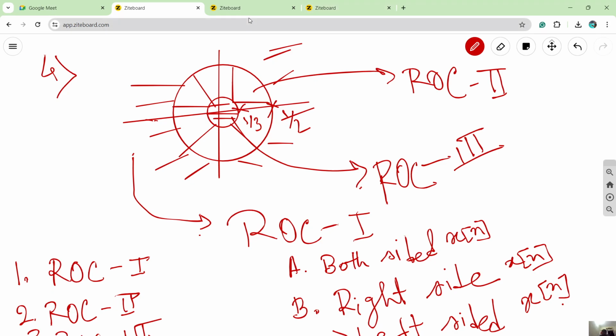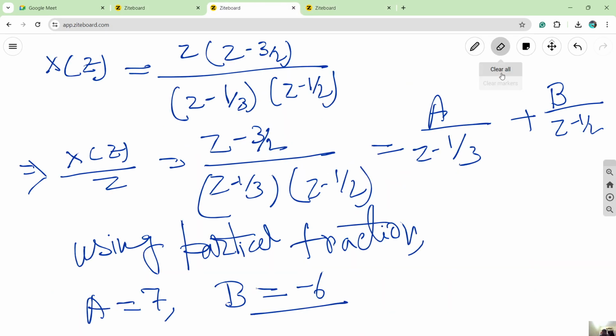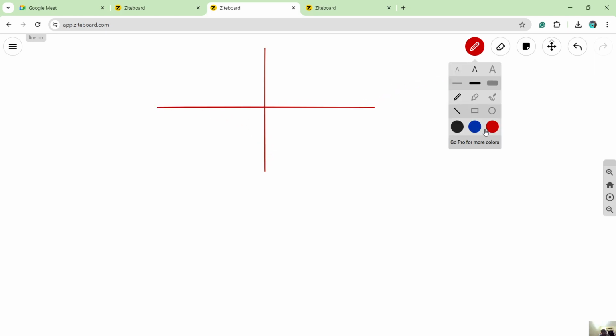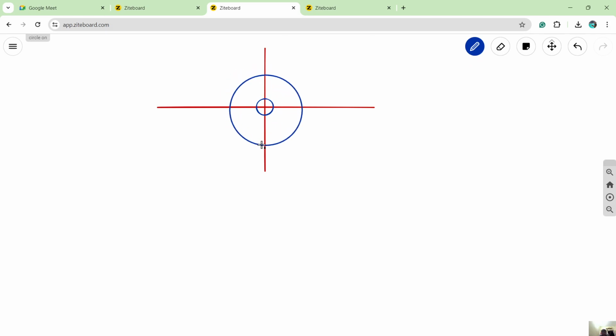Okay, let's draw it once again. This time, exhaust. Step draw this and this. Then take this small circle, big circle.